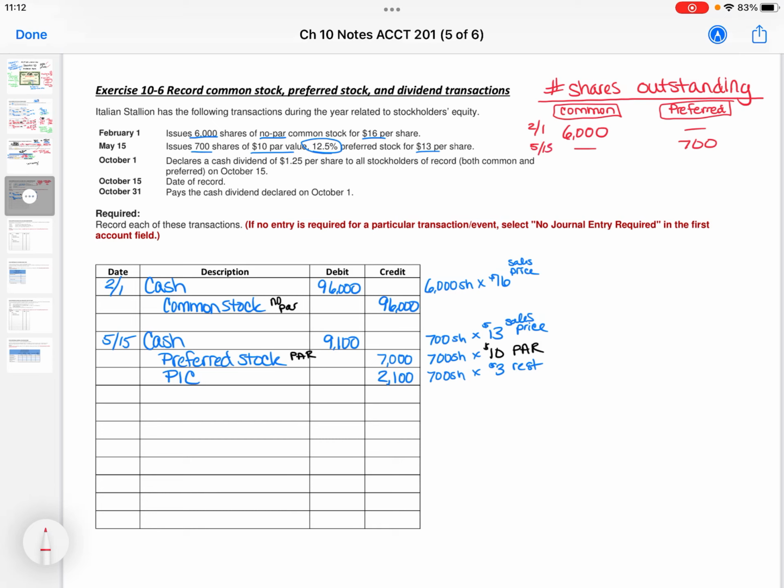Okay. So now we're all caught up. So it's important that I keep track of the number of shares outstanding because as I get into these dividend entries, we need to know. So we've got 6,000 common, 700 preferred, and these are my balances, shares. So these are not dollar amounts, these are shares outstanding.